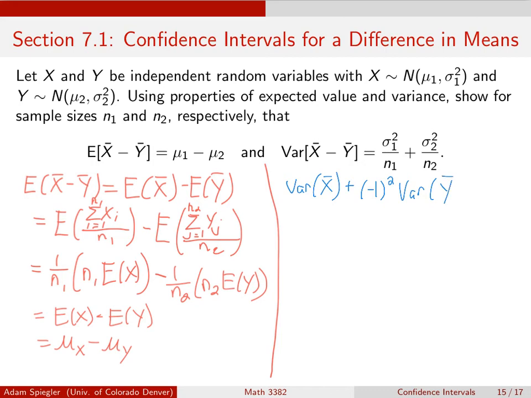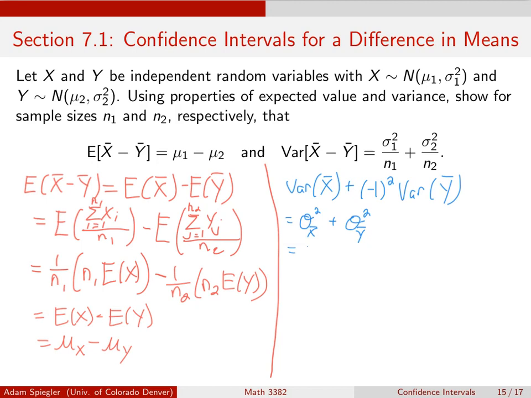So we actually get minus 1 squared times the variance of y bar. The variance of x bar is sigma squared x bar, and now the minus 1 squared becomes a positive 1.